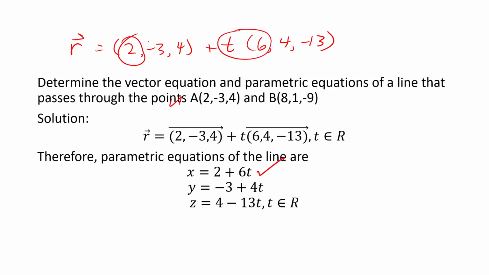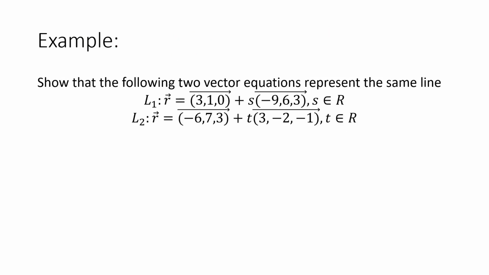A parametric expression for y is -3 plus t times 4. And a parametric expression for z is 4 plus t times -13. And so we've got the parametric equations.